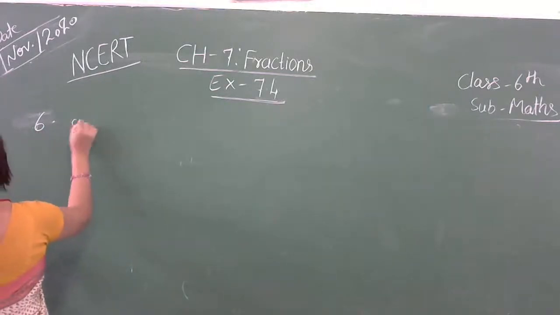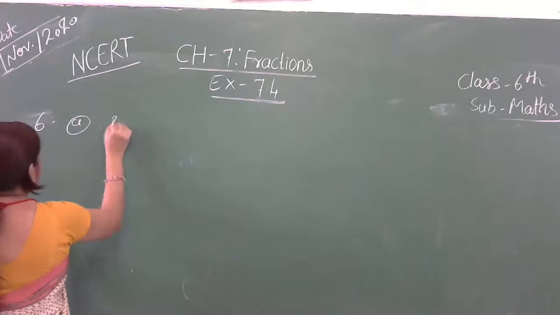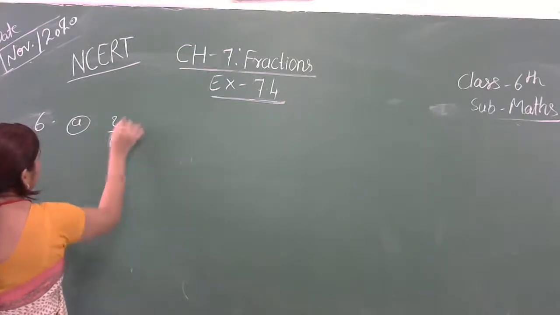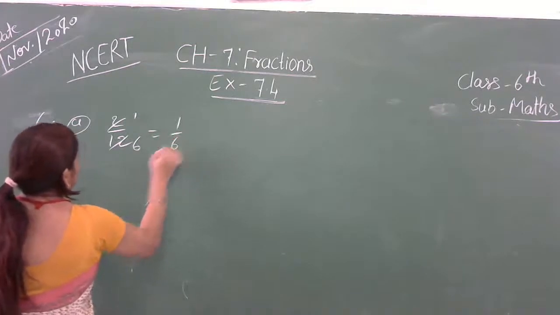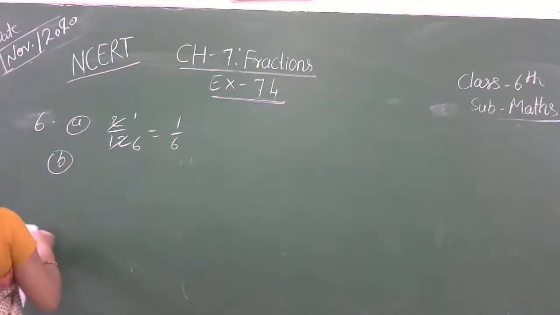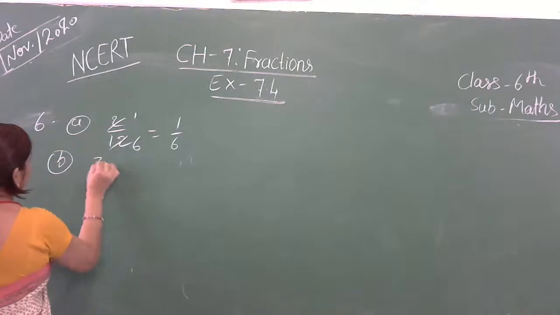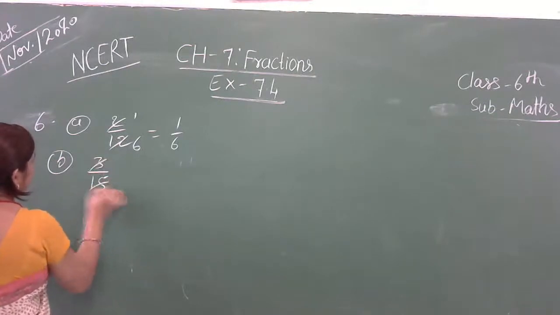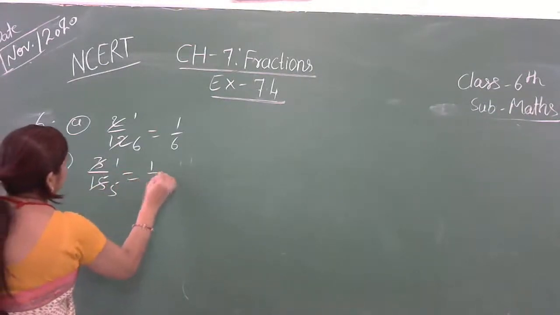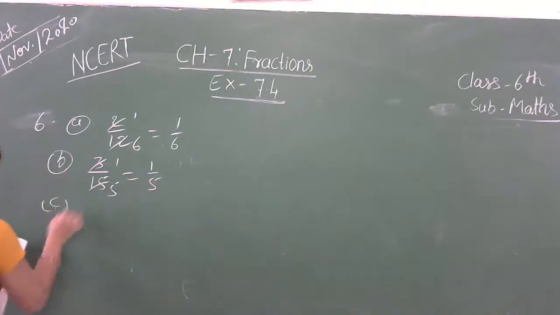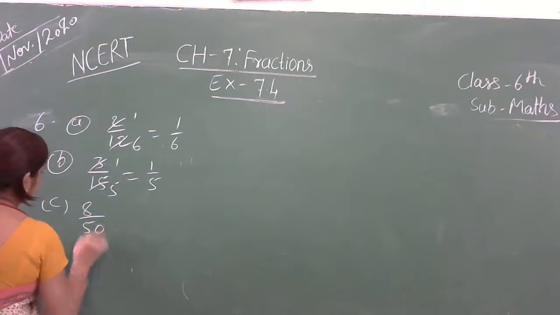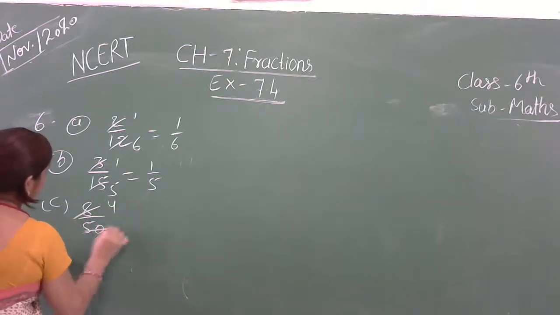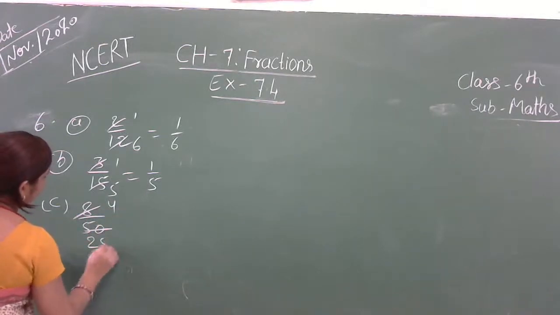How many fractions are equivalent, isn't it? So A part, first you reduce 2/12. 2 6s are 12, so you get 1/6. Now B: 3/15. 3 5s are 15. You will get 1/5. C: 8/50. 2 4s are 8 and 2 2s are 4, 2 5s are 10.